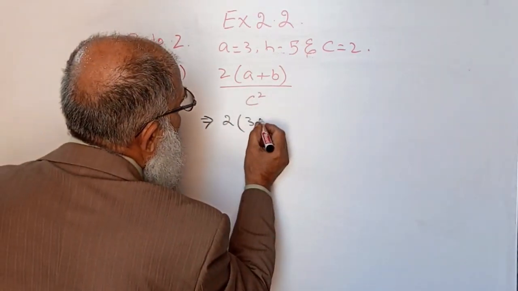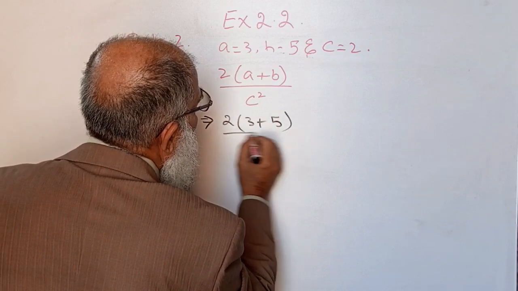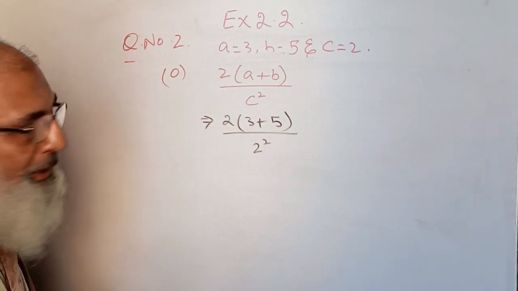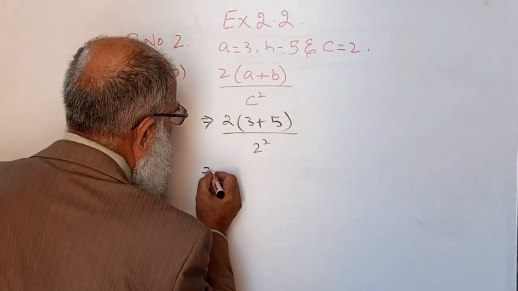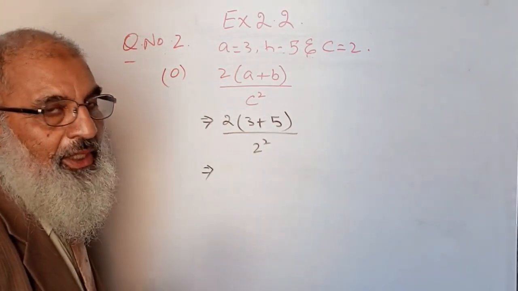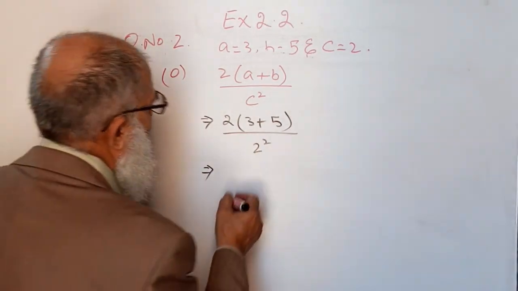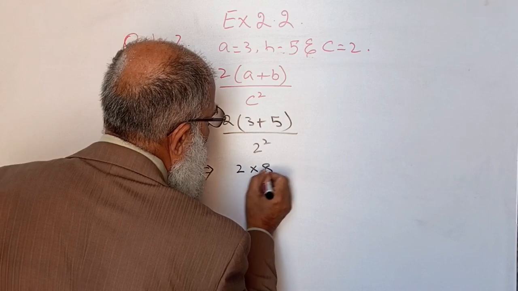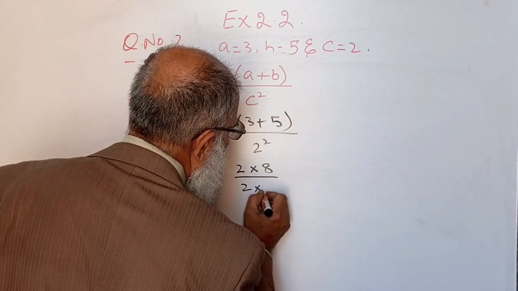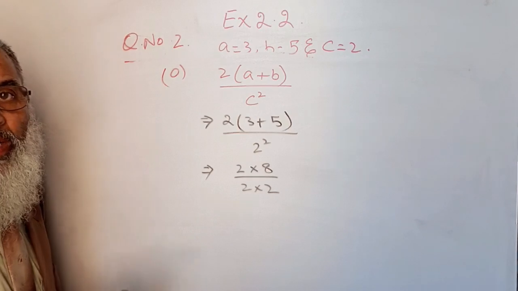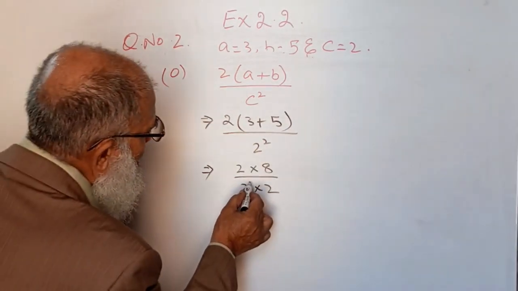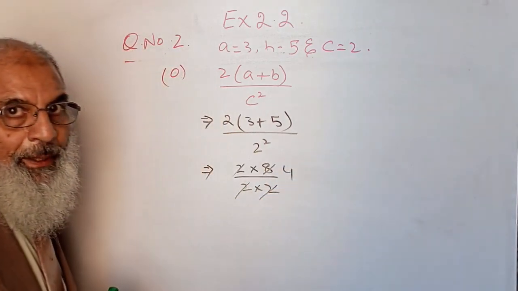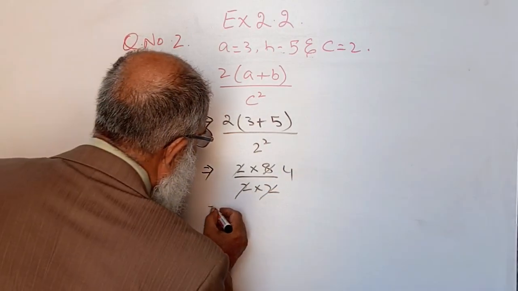A is equal to 3, b is equal to 5 and c is equal to 2, to the square. Now again there's a small trick over here. It will become 2 multiplied by 8 and it will become 2 multiplied by 2. You see that this goes with this and this goes with this, leaving 4 behind. So it will become 4.